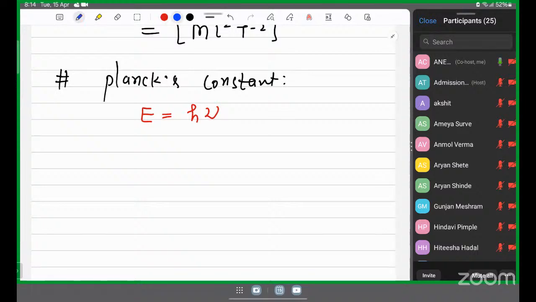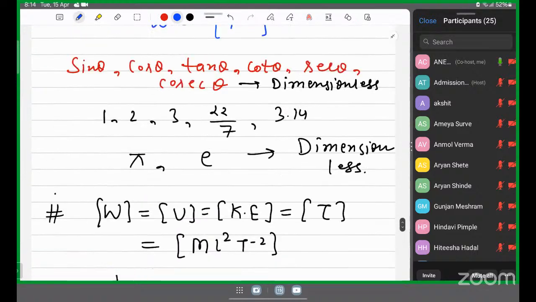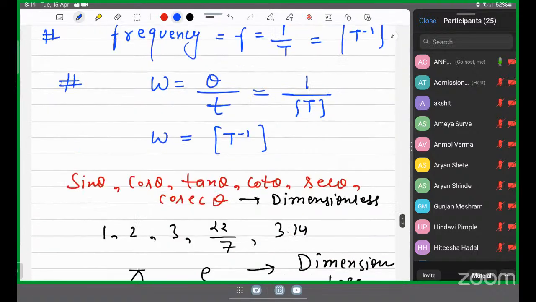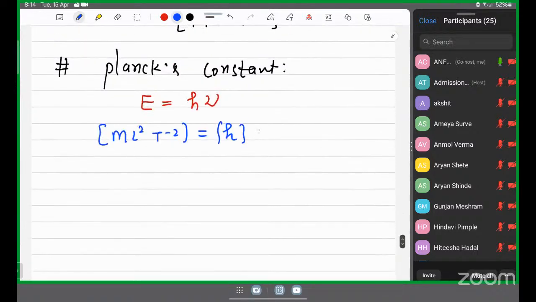What is the dimension of energy? Energy has dimension ML2T minus 2. Dimension of h has to be calculated. What is the dimension of frequency? Dimension of frequency is T inverse. So one of the T factors will cancel out, and dimension of h will be ML2T minus 1. Understood?